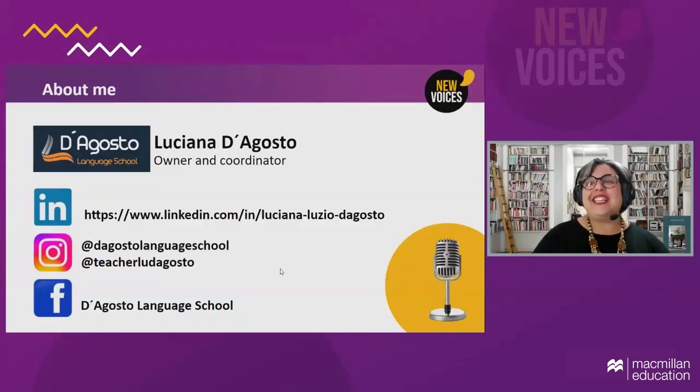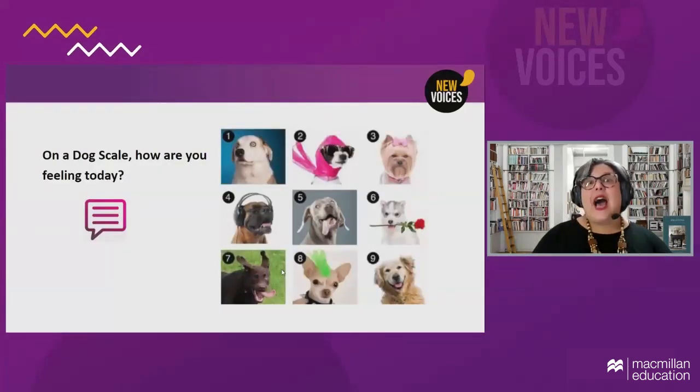Let's go. Well, I would like to ask you, how are you feeling today, guys? Could you please write there in the chat the number on a dog scale? How are you feeling today? Let's see. Wow, 9, 4, 5, 7.